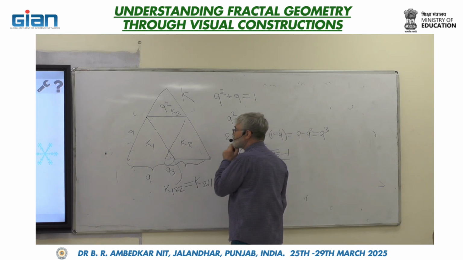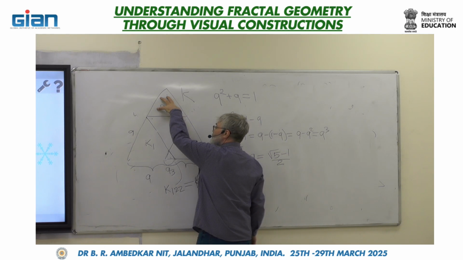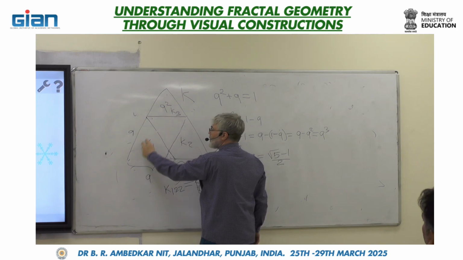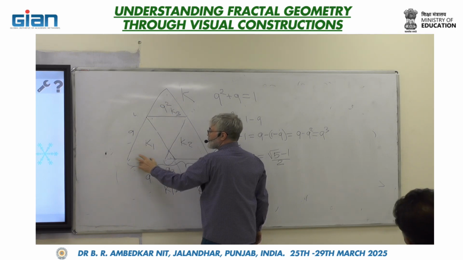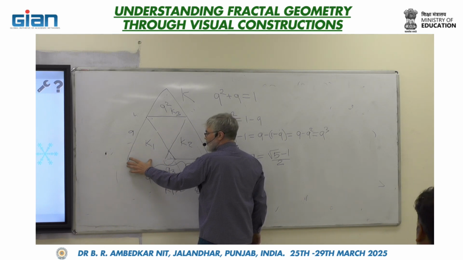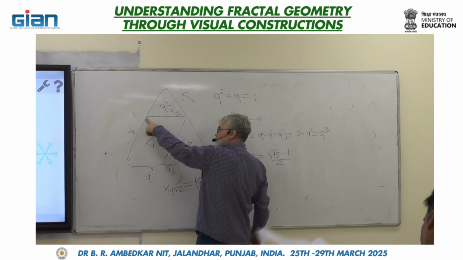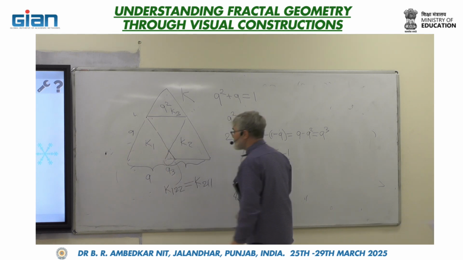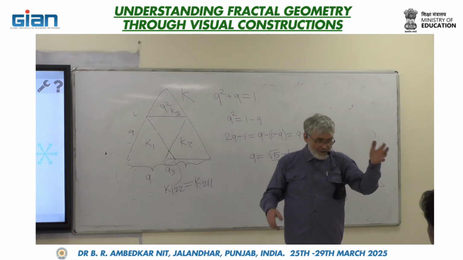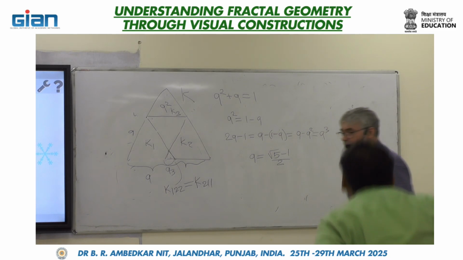And also you have Q multiplied by Q squared translated by Q divided by 2 by X, and Q square root of 3 divided by 2 by Y. Okay? So there will be 3 maps, S1, S2, and S3.